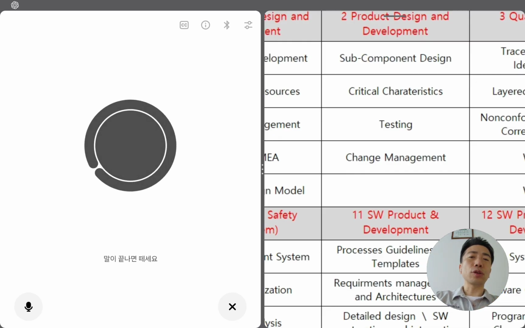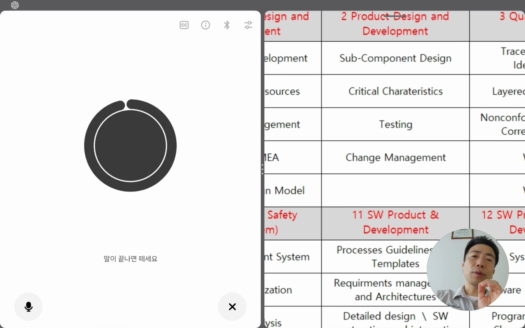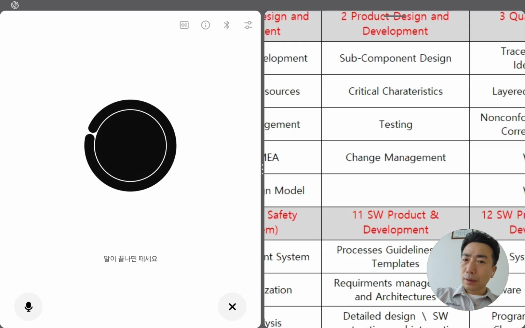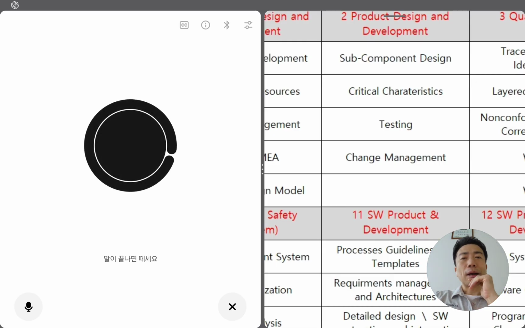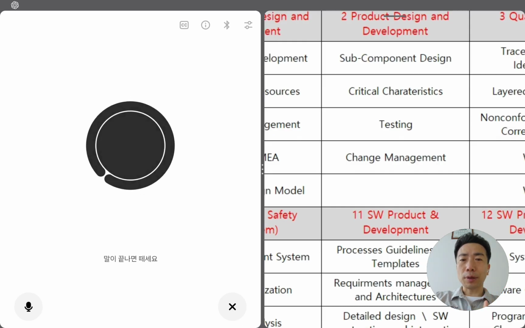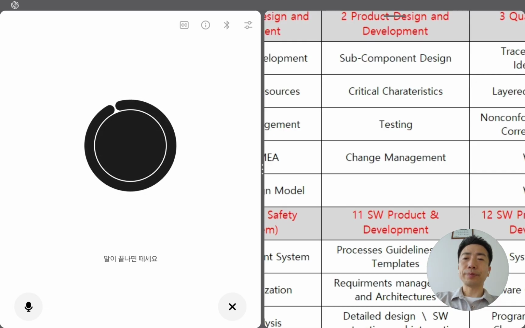Can you explain how your company manages the design of subcomponents to ensure they meet overall product requirements? Number 2, how do you verify that subcomponent designs are compatible and fully integrated into the final product?